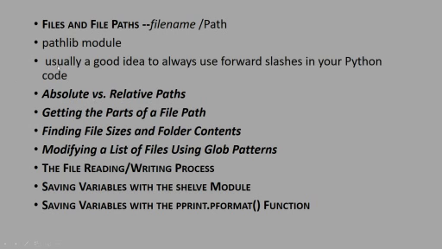They have specifically mentioned the pathlib module, and it also showed us that it is a good idea to use forward slashes instead of backward, because it's a different scenario in Windows and Linux.